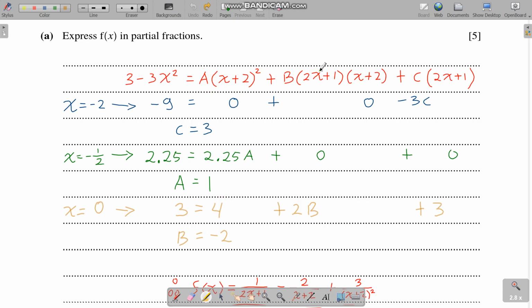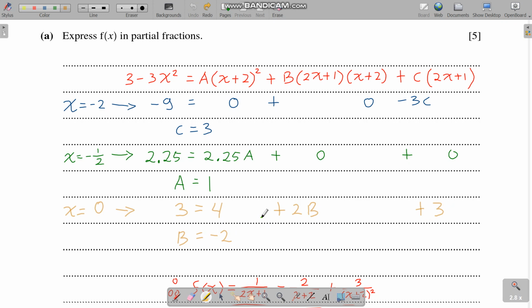And if you plug in 0, this will be just 2, so it's going to be 2 times B. And here if you plug in 0, you're just going to get 1 times C, and the C is 3. So after you cancel out and you move things around and divide, you get B is minus 2.